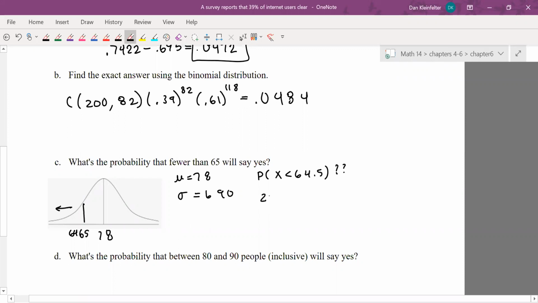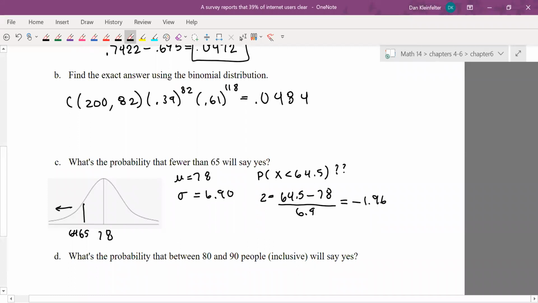So as before, we'll need a z-score. We have our x, 64.5, our mean, 78, and our standard deviation, 6.9. That works out to be negative 1.96.